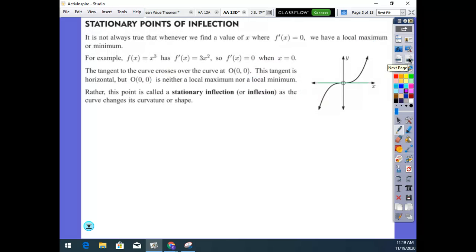We also have to be careful that it's not a stationary inflection, because notice here we have a 0 slope tangent, but in that area there are points lower and higher, so it's not a max or a min. We call it a stationary inflection point. So maybe just draw this picture.